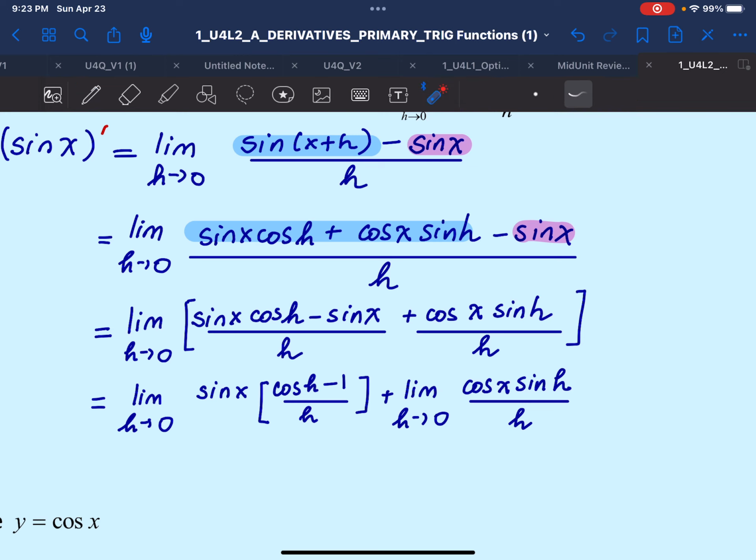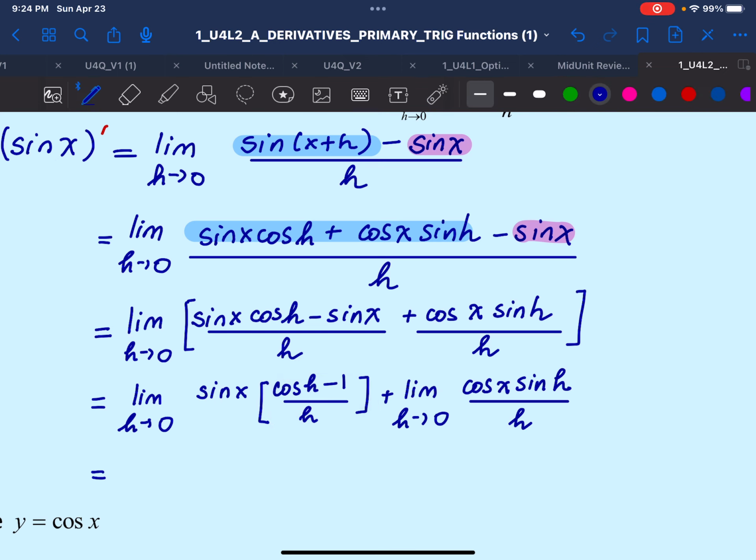As you can see, the limit is kind of shaping up. I notice that I have sine h over h in here, and I have cosine of x, which is not even dependent on h. On the other hand, here we have sine of x. This is a term independent of h, and we have this important limit in here, which is equal to 0.